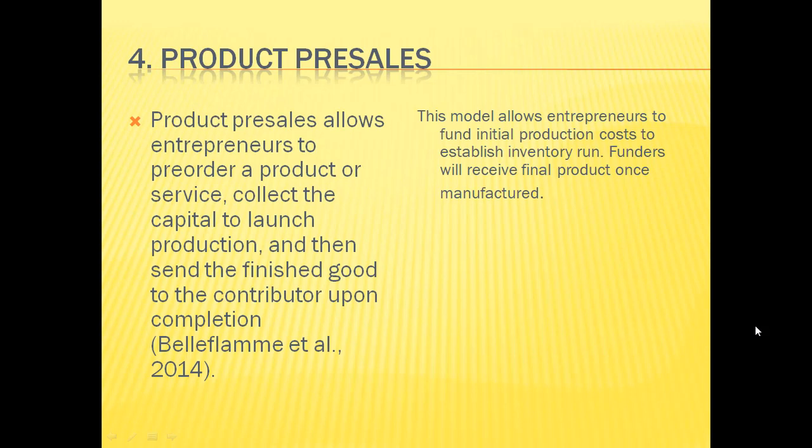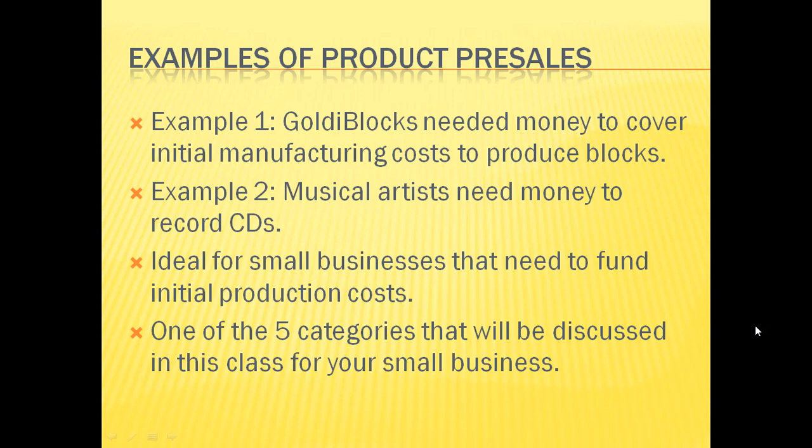So here are a few examples of product pre-sales. Example 1 is Goldilocks. This was a company that used Kickstarter.com. They needed money to cover initial manufacturing costs to produce blocks. They were engineering-focused blocks for girls, basically, and ribbons and blocks and things like that.